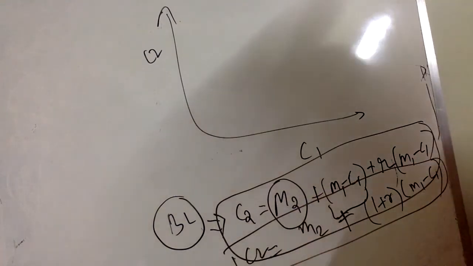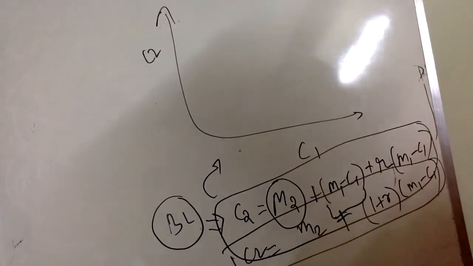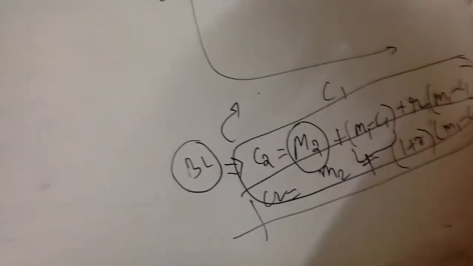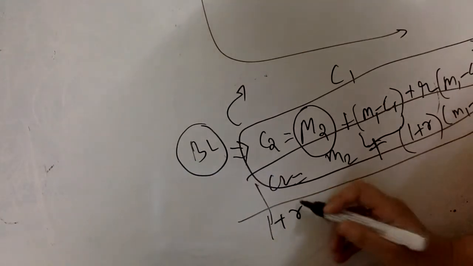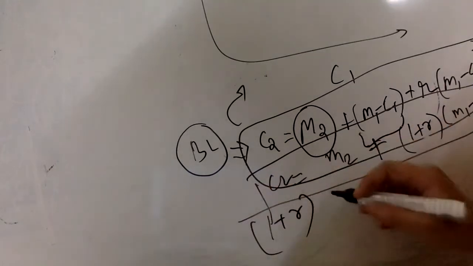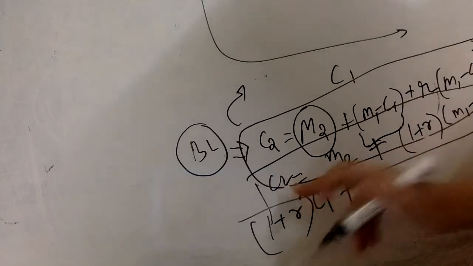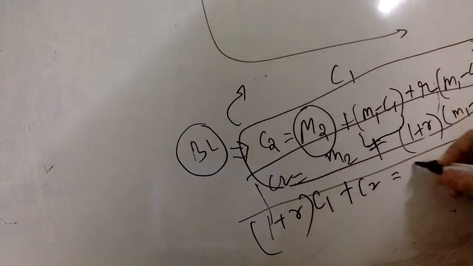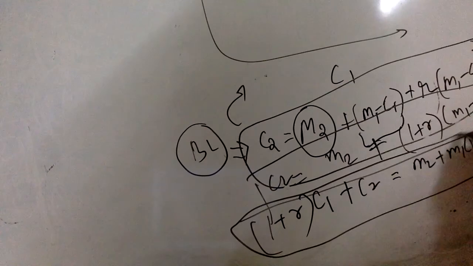If I rearrange further, taking 1 plus R times C1 to the left hand side, we get 1 plus R times C1 plus C2 equals M2 plus M1 times 1 plus R. This is the equation I get by rearranging.